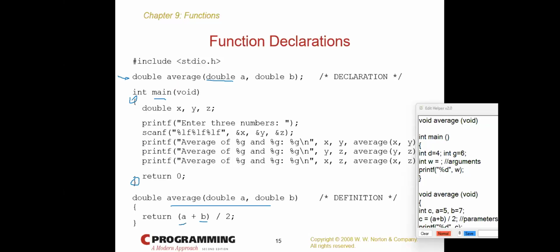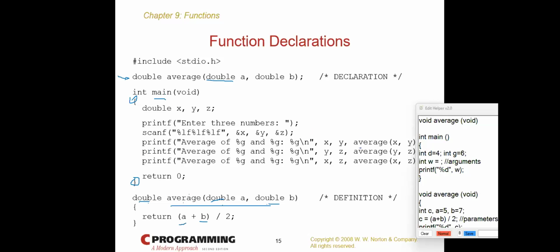And the main thing that connects average to main is the type of parameters it will receive, and also what kind of return value it will send. So those three must always be put: the name of the function, the return type, and the type of the parameters. The name of the parameter does not matter because the name of the parameter here is not the same as what we will have in main.